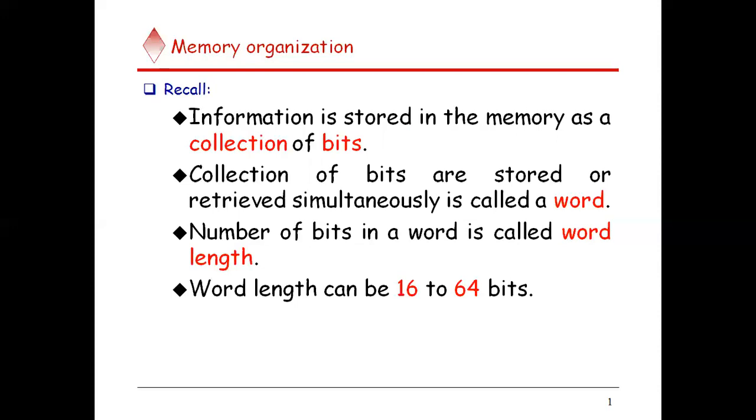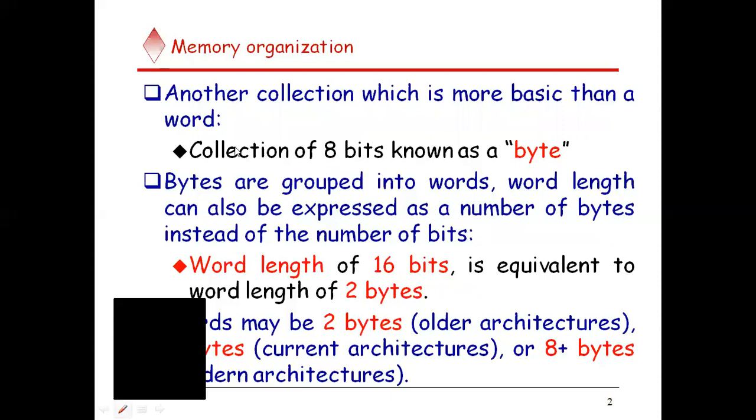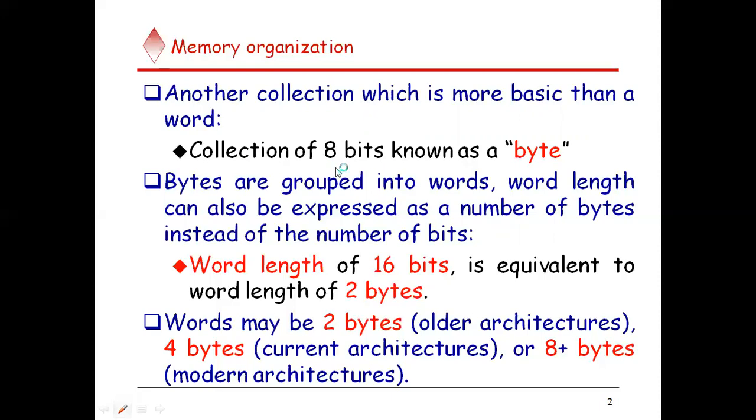So the word length can be varied from 16 to 64 bits based on the processor architecture. And we are having one more unit, and that is called as byte. We already know that byte means it's a collection of 8 bits.